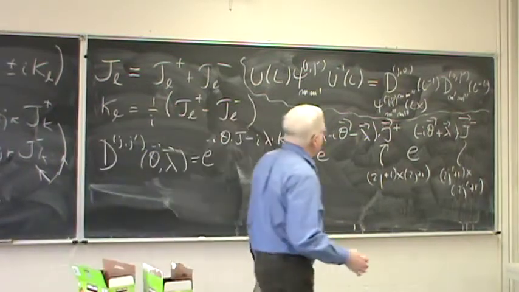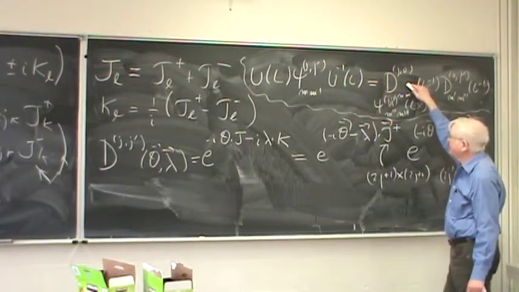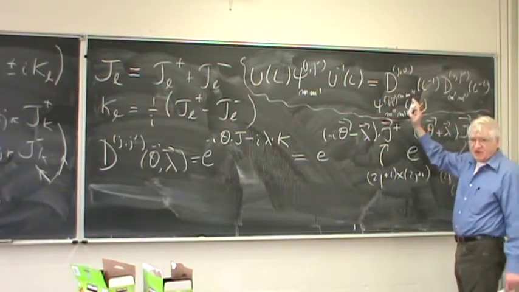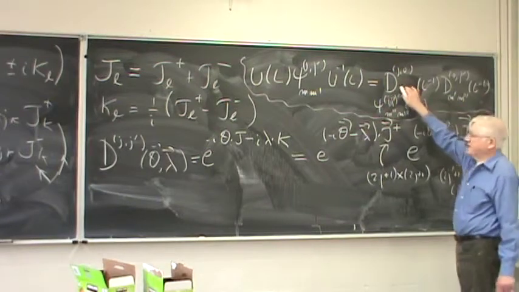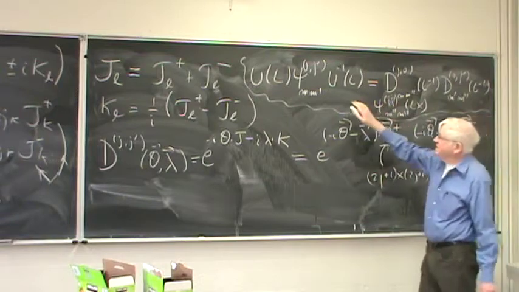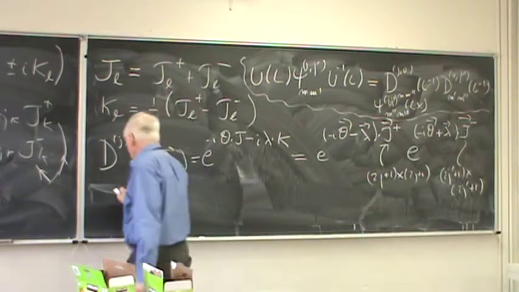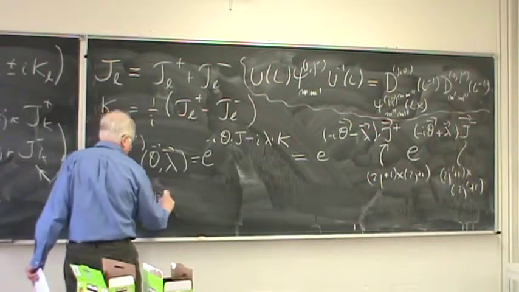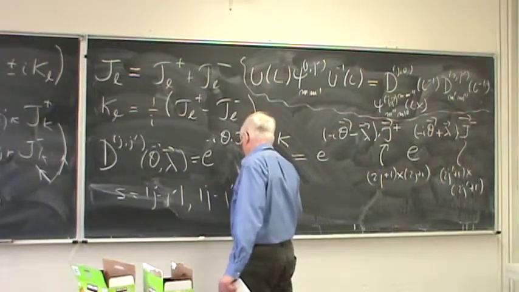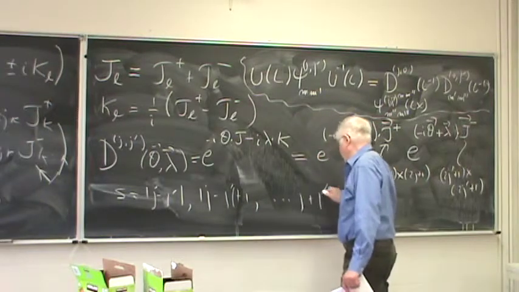And so what we have here, basically if we look at the spin of the particle, then this one has spin j, this one has spin j prime. And so this field then can describe particles of spin going from j minus j prime to j minus j prime plus 1 on up to j plus j prime.